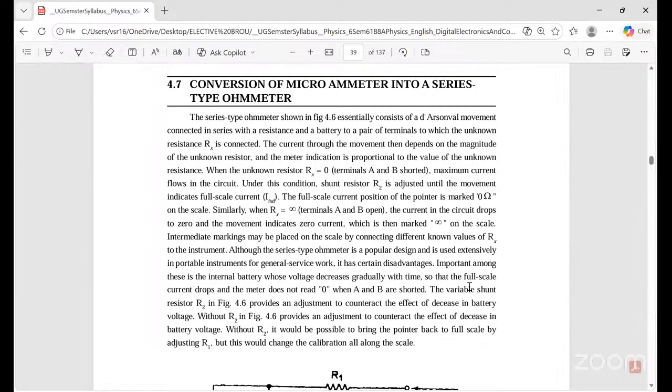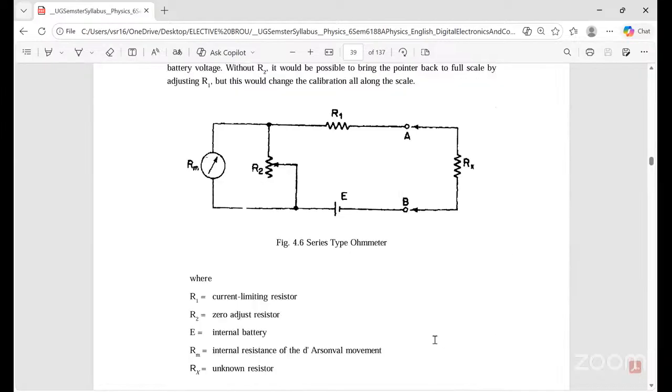If Rx is infinity, then the circuit current drops to 0 and the movement indicates 0 current, which is marked as infinity, like that.